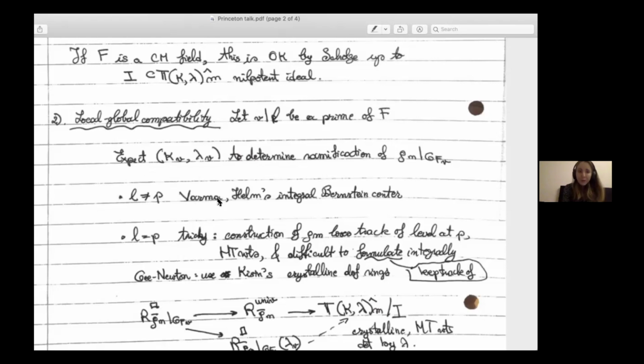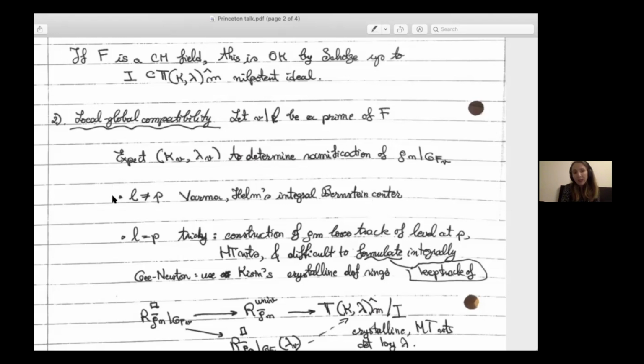She proves it for these Galois representations constructed by Harris, Lan, Taylor, and Thorne. And then when you work integrally, at least when you allow yourself something like Iwahori level, so not too ramified, this is done in the 10-author paper, and more generally, it's probably approachable using Helm's theory of the integral Bernstein center.